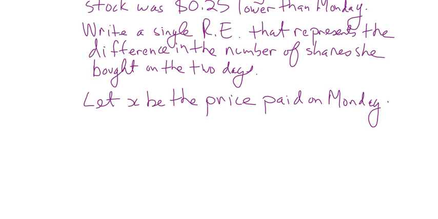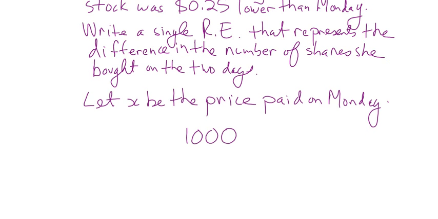So how many shares, if she paid $1 a share, how many shares did she get? 1,000. She paid $100 a share, how many shares did she get? 10. She paid $1,000 a share, how many shares did she get? 1. She paid x dollars a share, how many shares did she get? x.